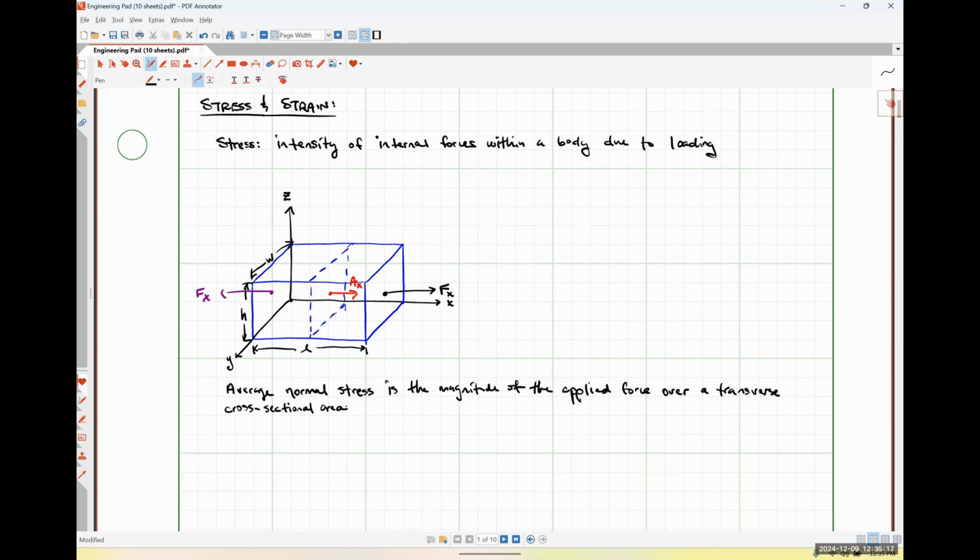Just to be clear, what I mean by a transverse cross-sectional area is that the area itself needs to be orthogonal to the force, or the vector representation of the area should be in the same direction as the force, since the vector representation of an area is orthogonal to the surface of the area. So this is exactly the situation that we have.